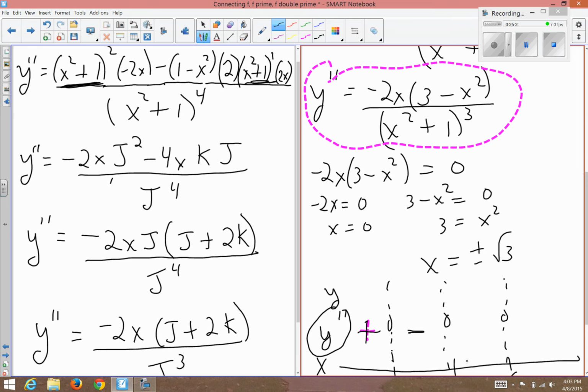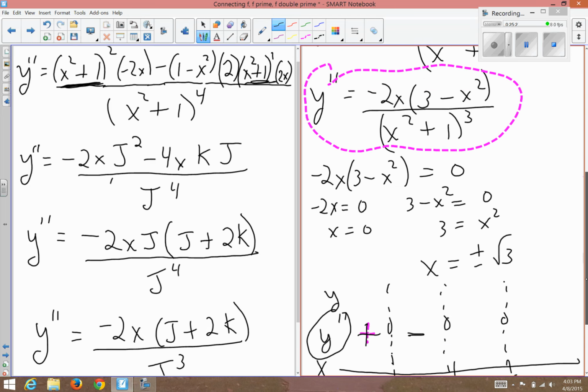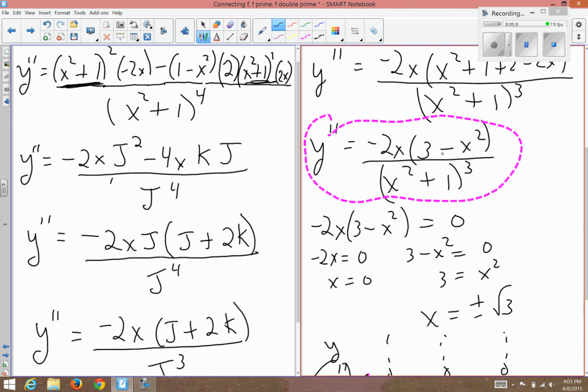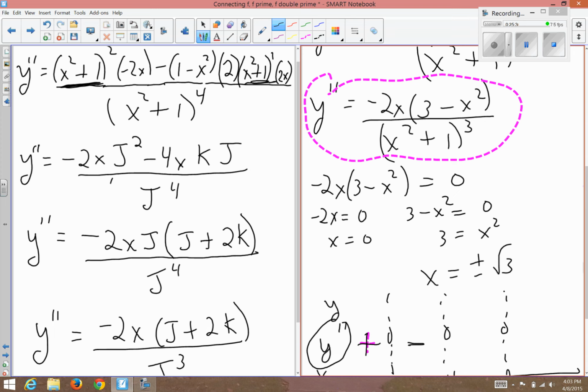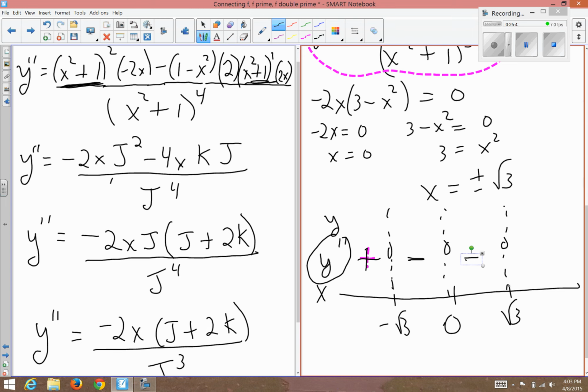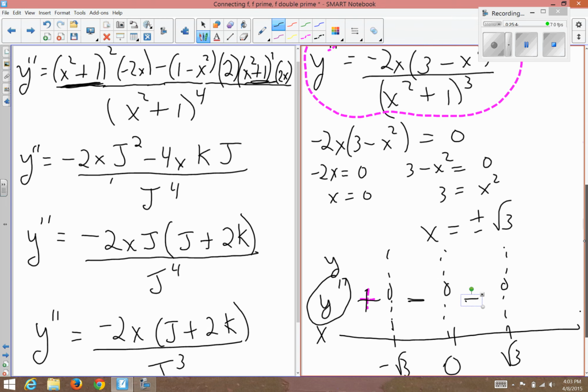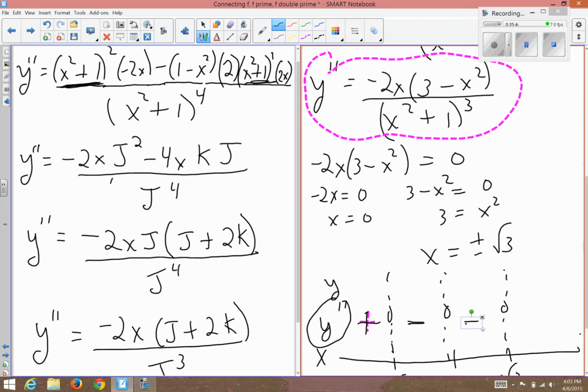Number in this interval, which is 0 to radical 3. So positive 1 you could use. I think you get a negative again. I'm pretty sure. I'm going to double check these though. Plug a number bigger than the square root of 3, like 10. It's going to be a negative times a negative. I think you get positive there.